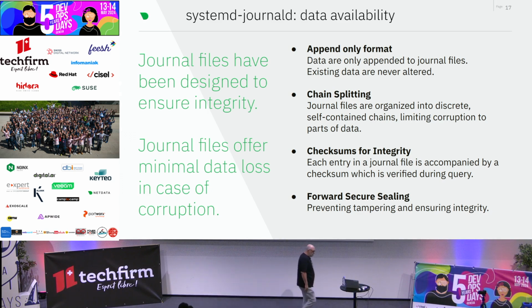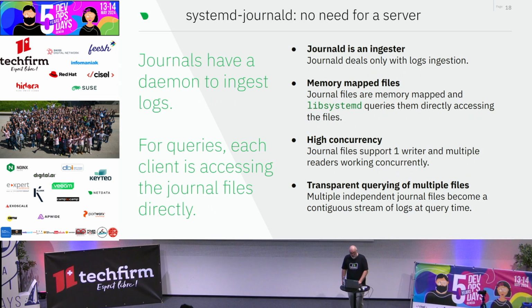Now, systemd journal needs a server only for ingestion. Only for ingestion. So to query, you don't need a server. You have a library that you use in your code. It's a simple call. You say, I want to query from here to there. And this opens the files.